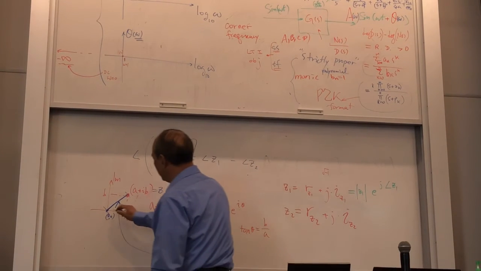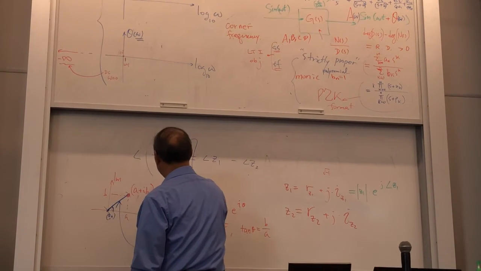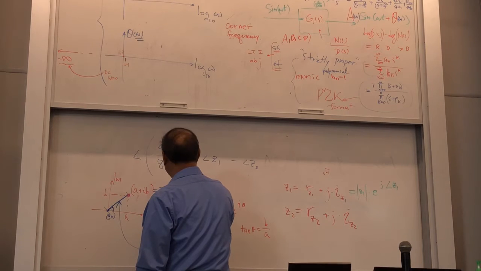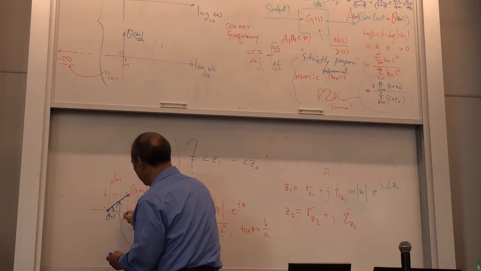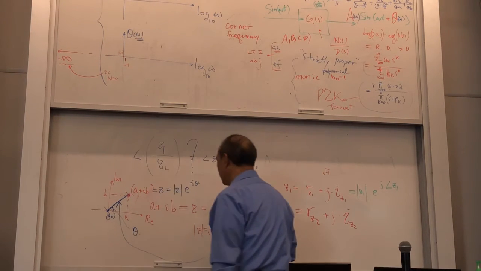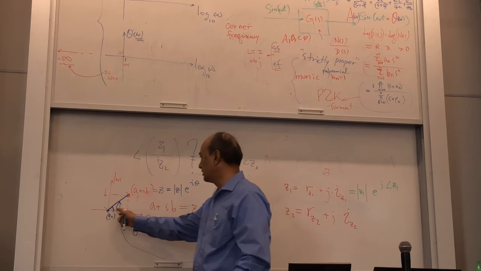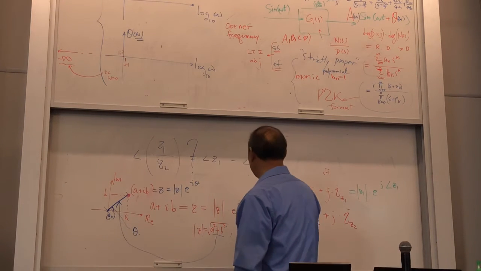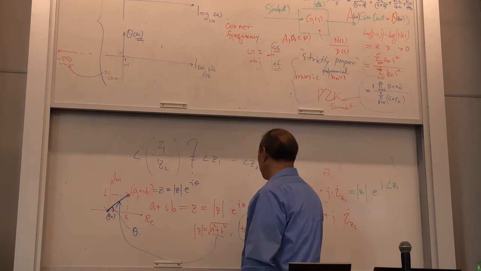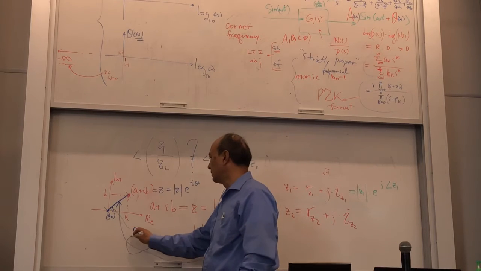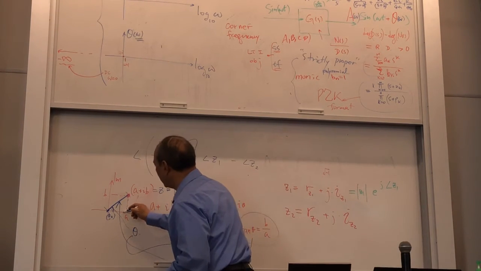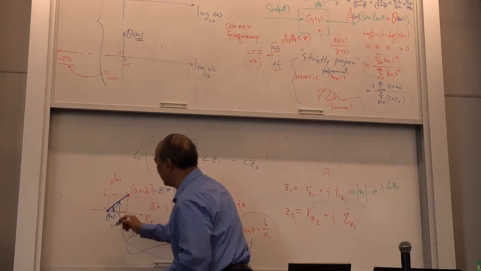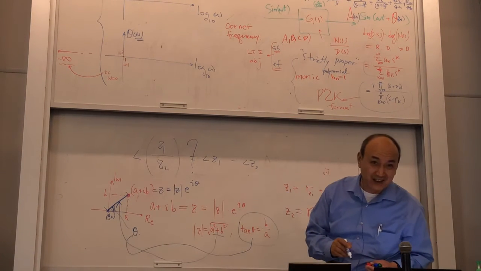But what is the angle here? This is the theta, okay? But you know that tangent theta is B divided by A. So B divided by A is tangent theta, okay?